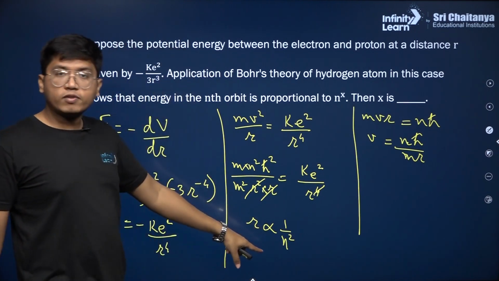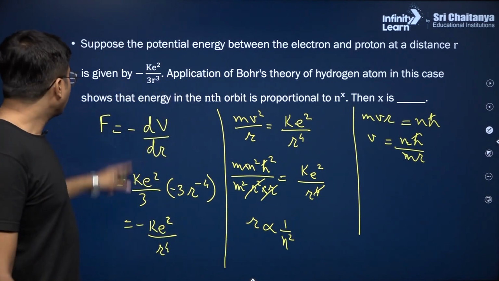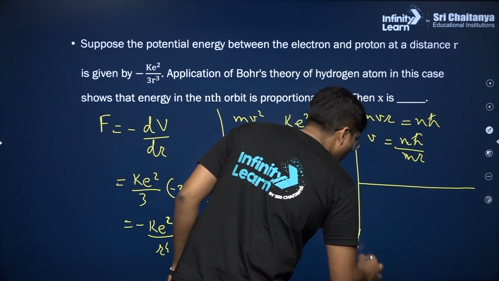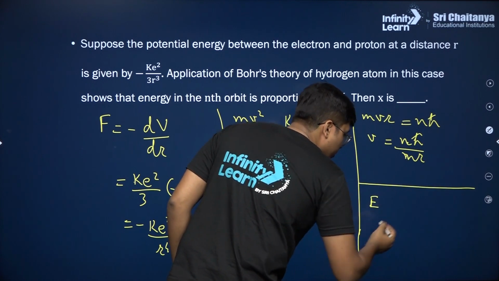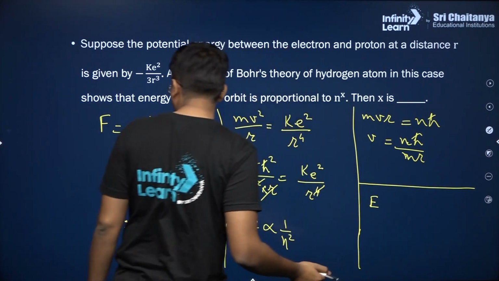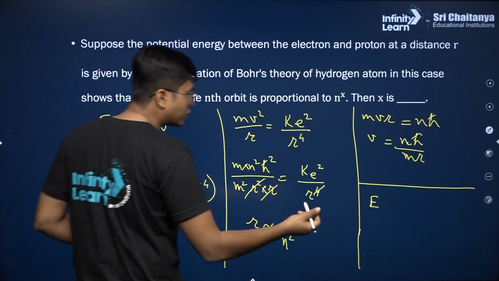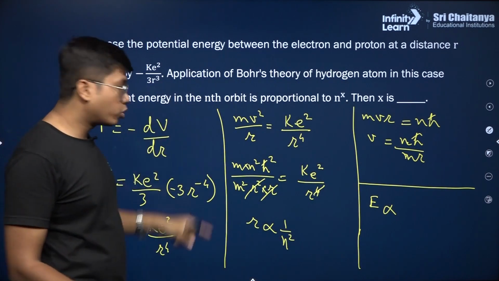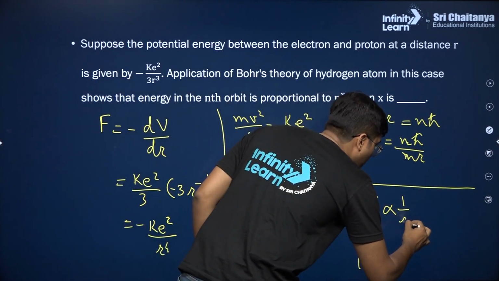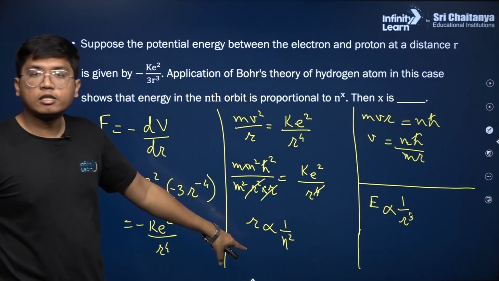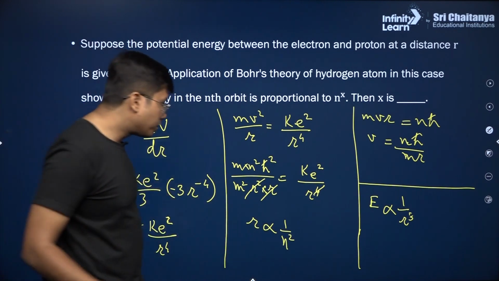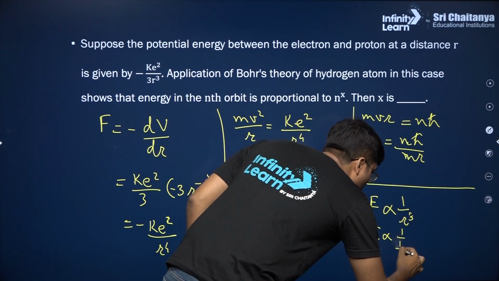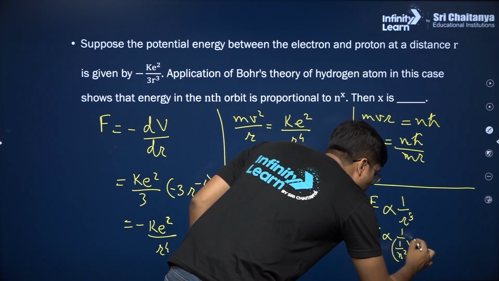Okay, so if r is inversely proportional to n square, and your energy, let's represent it with E, energy, as it says here, is inversely proportional to r cube, and r cube is inversely proportional to n square, which means that energy is proportional to 1 by n square whole cube.